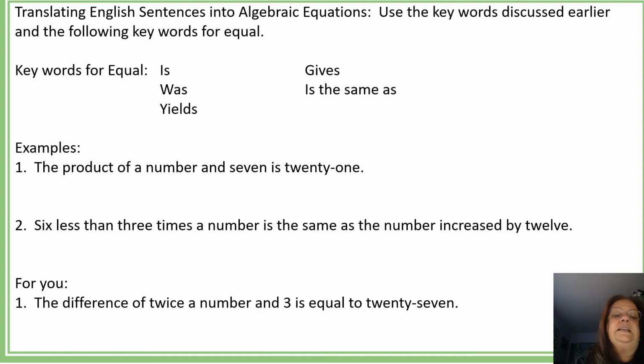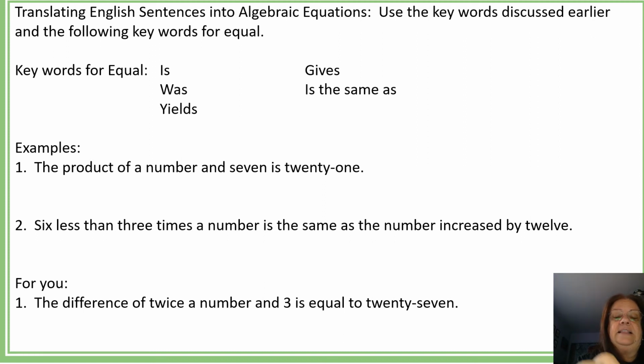All right, translating English sentences into algebraic equations. Use the keywords that we did talk about before and the following keywords for equal: is, was, yields, gives, is the same. Okay, the product of a number and 7 is.